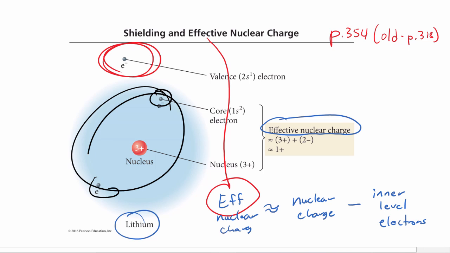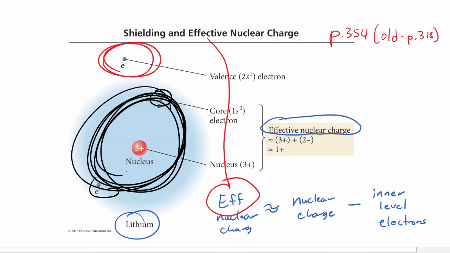These two electrons basically cancel out the effect of two protons, which means we have the effect of one proton left over. So two inner level electrons are shielding the effect of two of these protons, meaning it's still feeling the effect of one proton, which is a one positive charge.